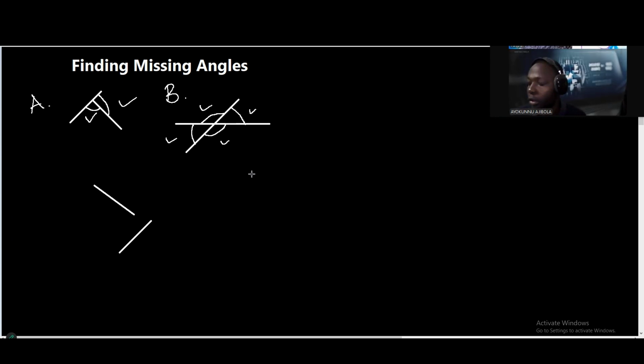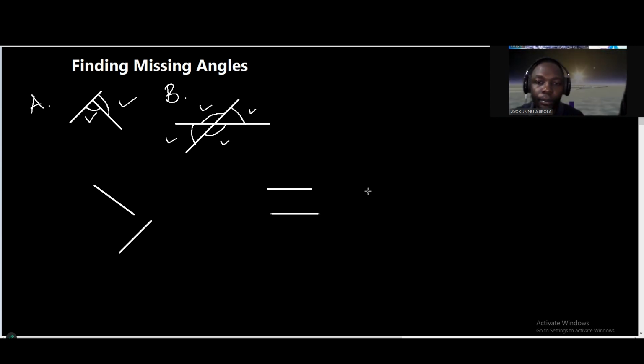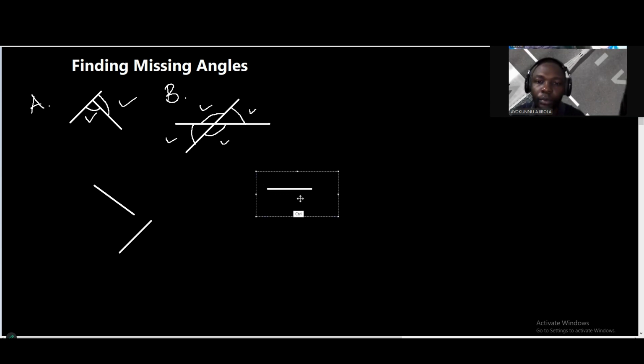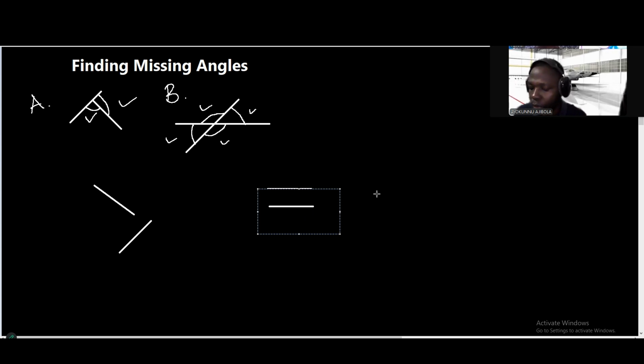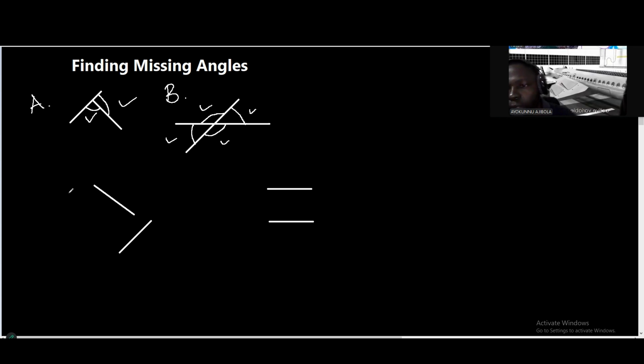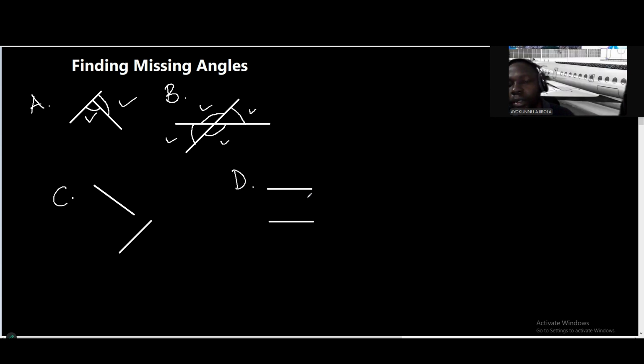Or if there is another line this way, there's another line this way. Let me just duplicate this first one to ensure parallelism. So if you see the condition at point C and the condition at point D, there are no angles there, okay?